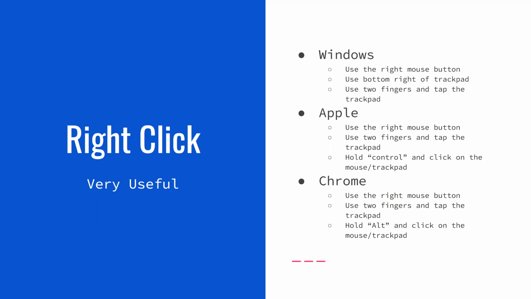If you are on a laptop, this could also mean using the bottom right of the trackpad, or if you have it set up, you can use 2 fingers and tap the trackpad. On an Apple computer, once again, you use the right mouse button, or you can use 2 fingers and tap the trackpad, or you can hold Control and then click on something. In Chrome, right mouse button, 2 fingers, hold Alt, and then click on something.